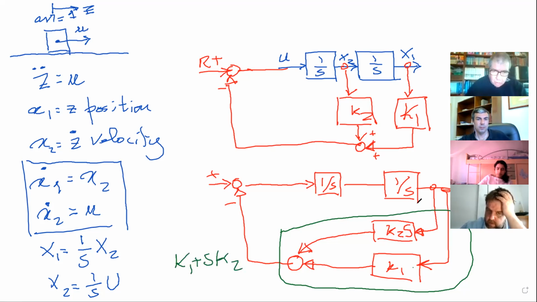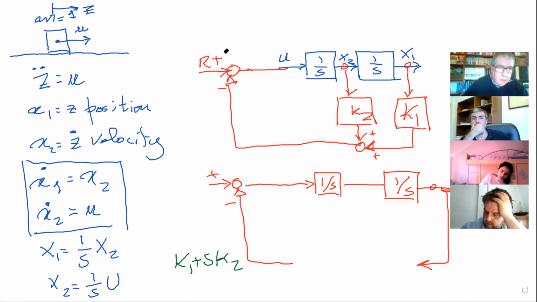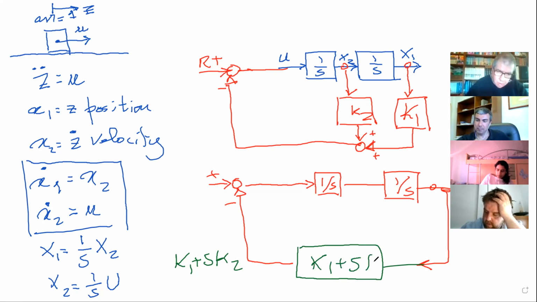Okay, so I'm going to replace these red blocks by a green block that picks up this signal and multiplies it by k1 plus sk2. And I have an equivalent thing. So I cancel this stuff here. And now I have something which is k1 plus s k2. Okay?